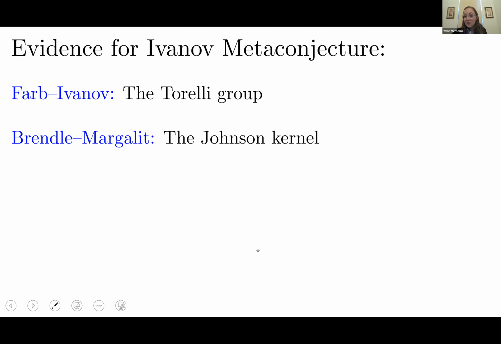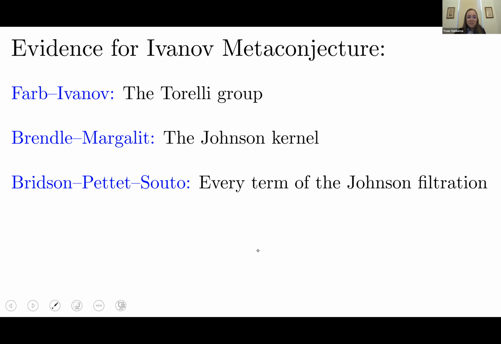Brendel and Margalit studied the Johnson kernel. The way that I think of the Johnson kernel is that it is a subgroup of the Torelli group where I'm only taking the Dehn twists about the separating curves. Brendel and Margalit were able to show that the Johnson kernel also satisfies the Ivanov metaconjecture. And Brendle, Petersen, and Sauto looked at every single term of the Johnson filtration.